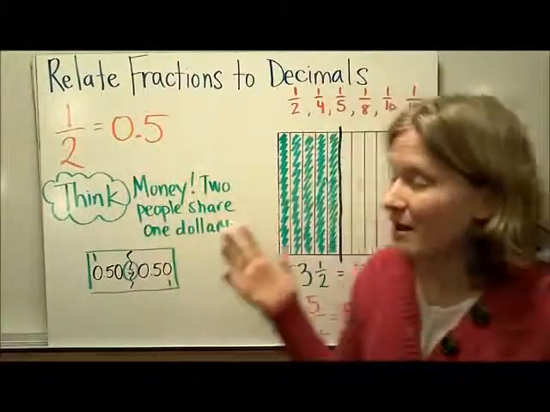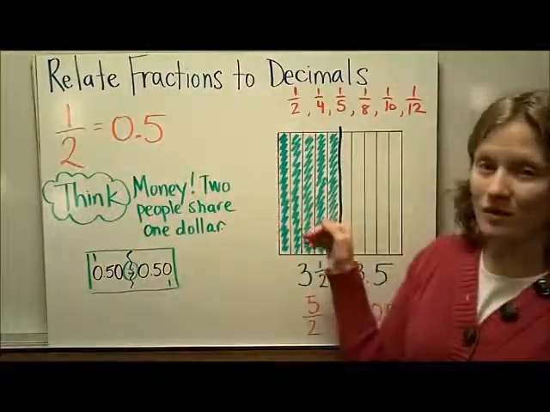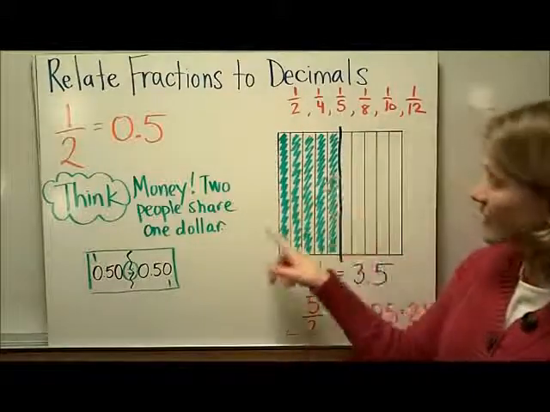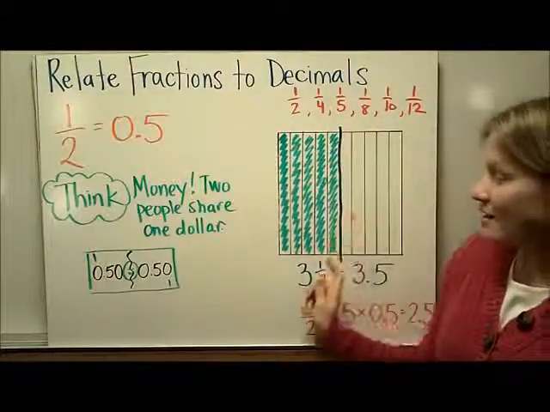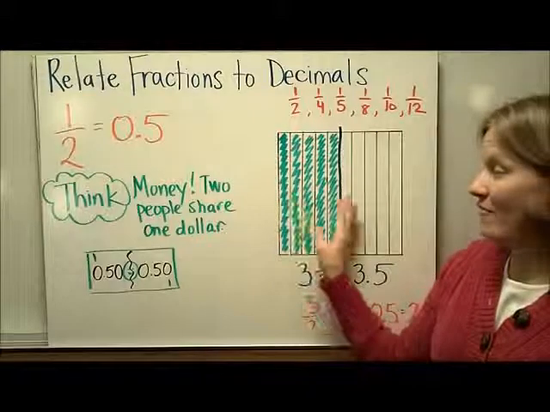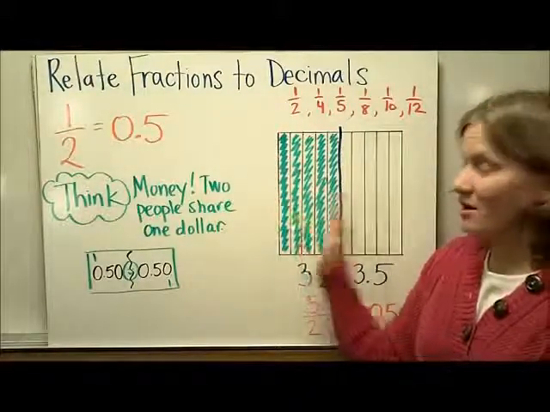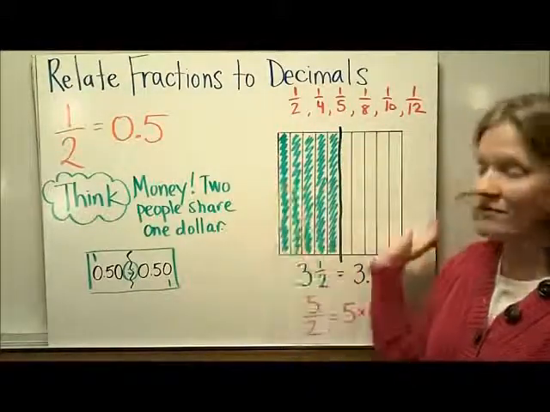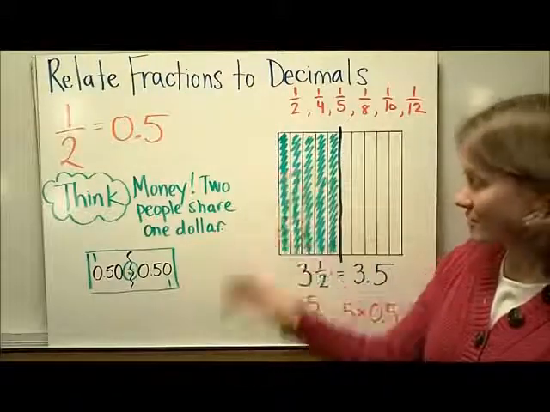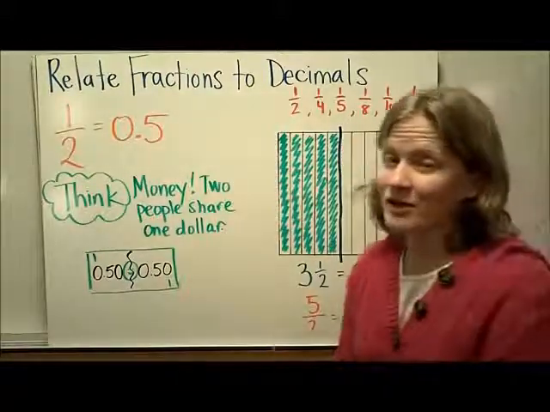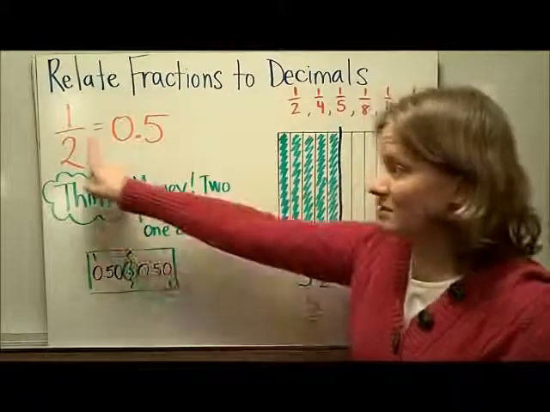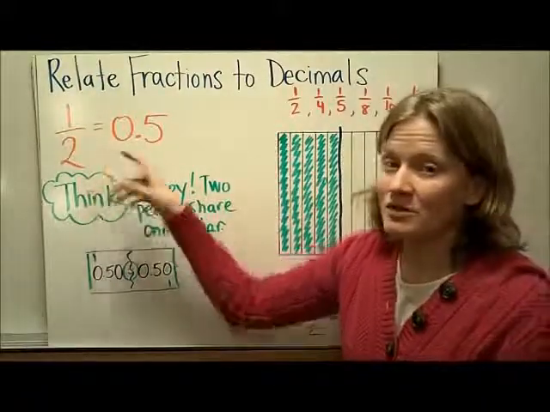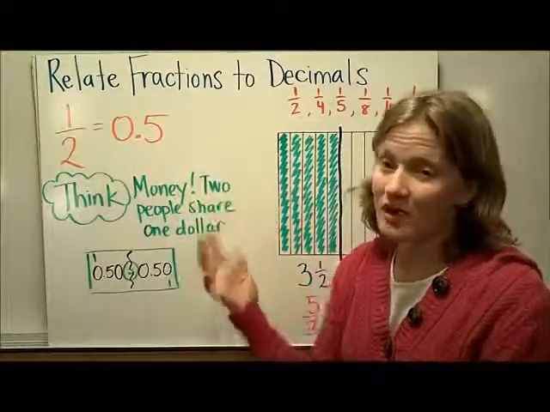So looking at that on a 100 grid or base 10 blocks, we can see that if we divide the flat in half, we would have 5/10 or 5 rods on this side. So 1/2 of the 100 grid would be 5/10. For each of these fractions, I'm also going to show you how to use this equivalency to figure out how much other fractions are worth.